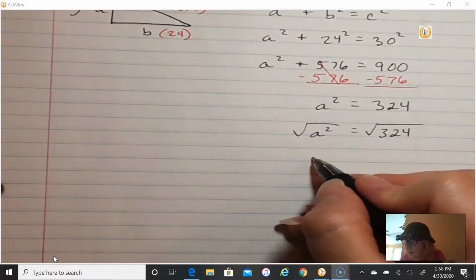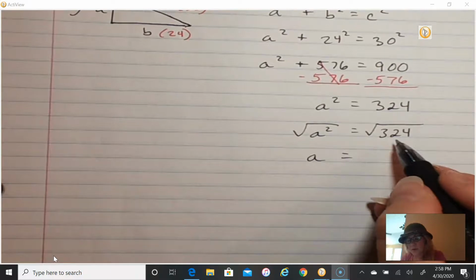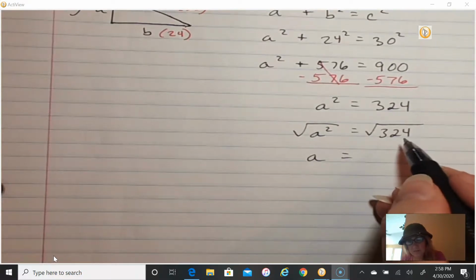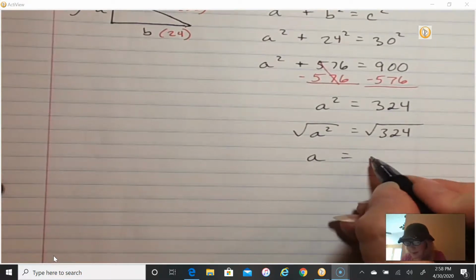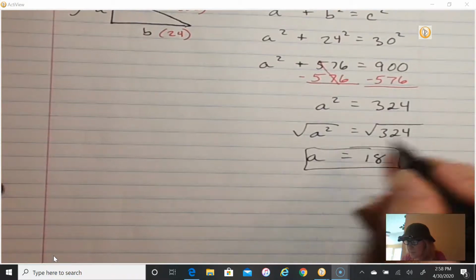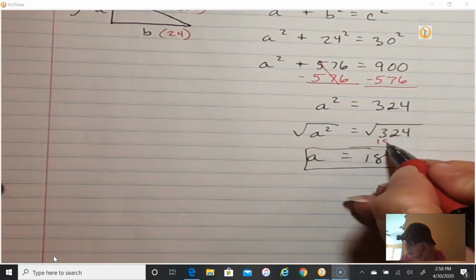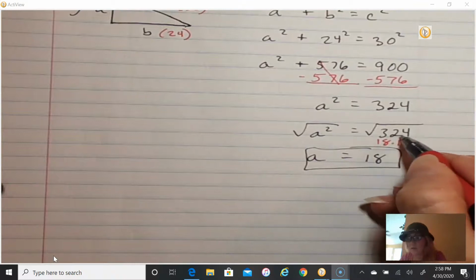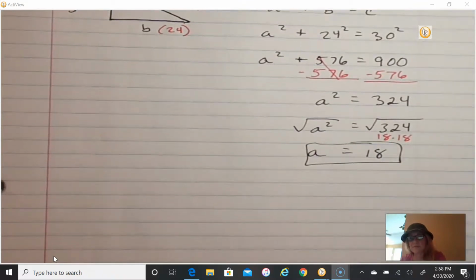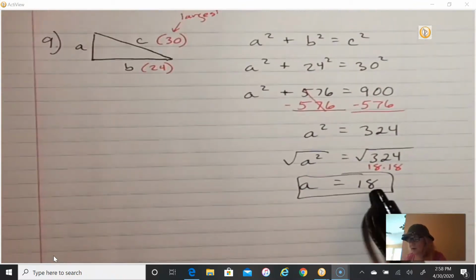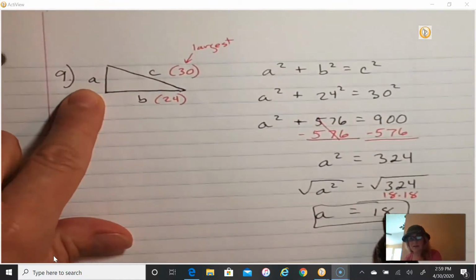Square root of A squared is just A. And believe it or not, this is a perfect square. 18. 18 times 18 gives you 324. So this leg right here is 18.